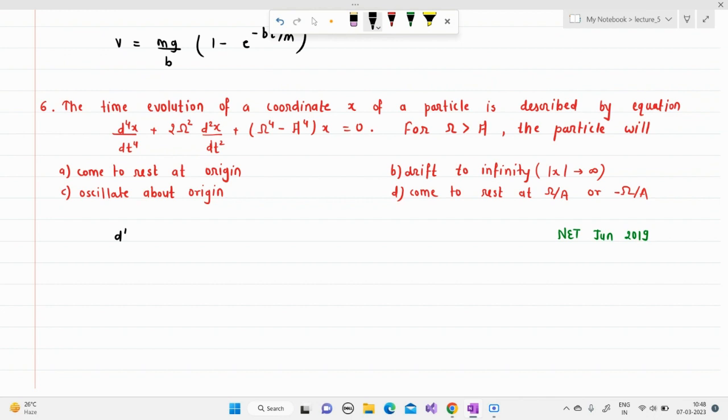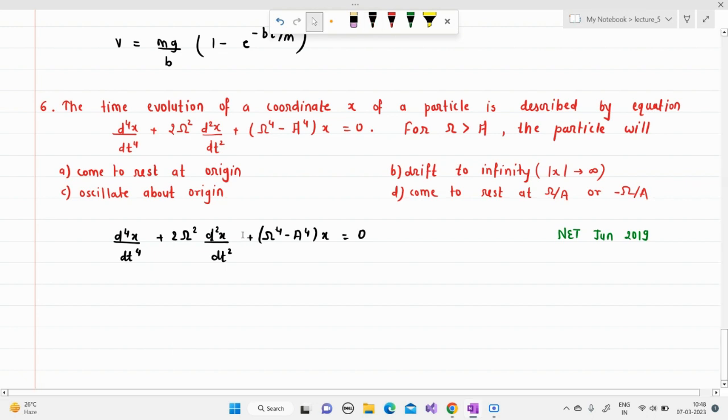The given differential equation is d to the power 4 x by dt to the power 4 plus 2 omega square d square x by dt square plus (omega to the power 4 minus a to the power 4) x equal to 0.